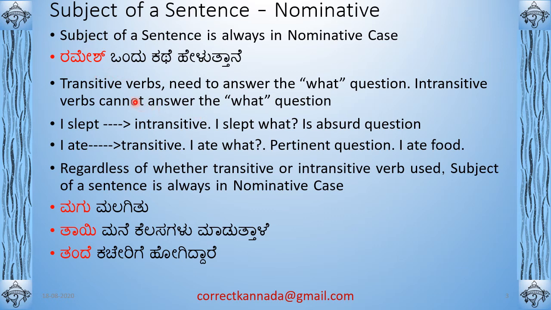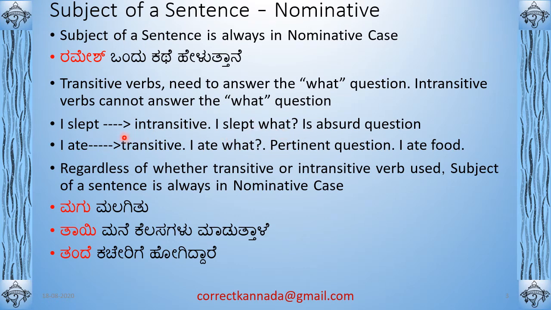One thing we need to understand is transitive and intransitive verbs. Intransitive verbs are those for which, if you ask what to the verb, it becomes an absurd question. For example, I slept. To sleep is an intransitive verb. You can't say I slept what, that question is absurd.